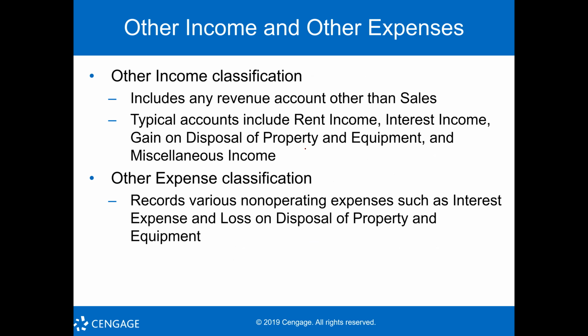Okay, other income and other expenses. We talked about this looking at that multi-step income statement a few slides ago, but like it's showing here, other income, which is also known as other revenue or gains, includes any revenue account other than sales. Typical accounts include rent income, interest income, gain on disposal of property and equipment, and miscellaneous income, right?